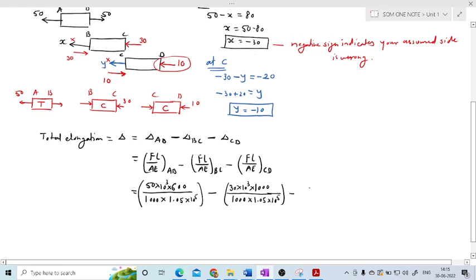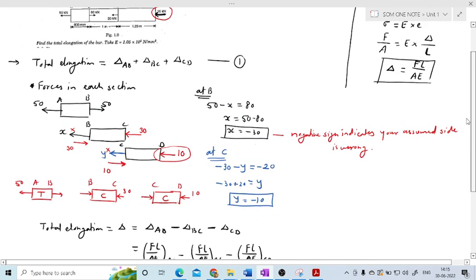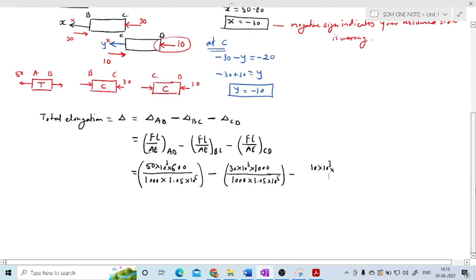Now I write for CD. The force value is 10 into 10 raised to 3 because it is in kilonewton. Just check the length. So length of this section is 1.2 meter.